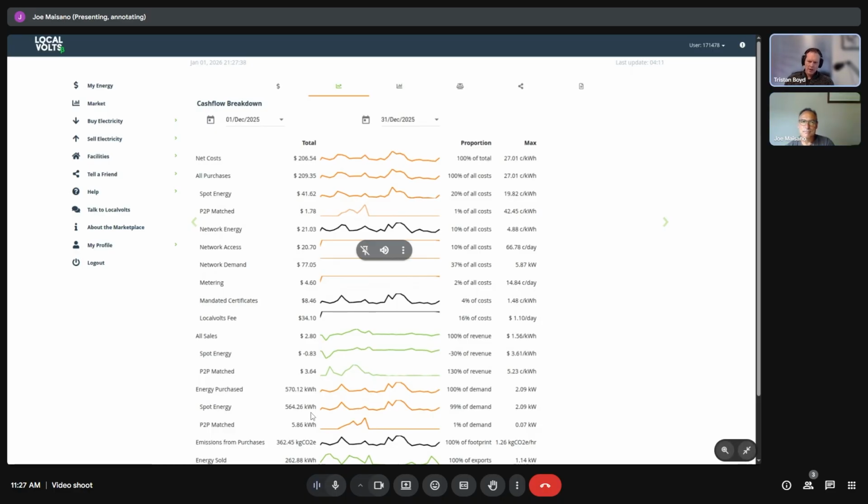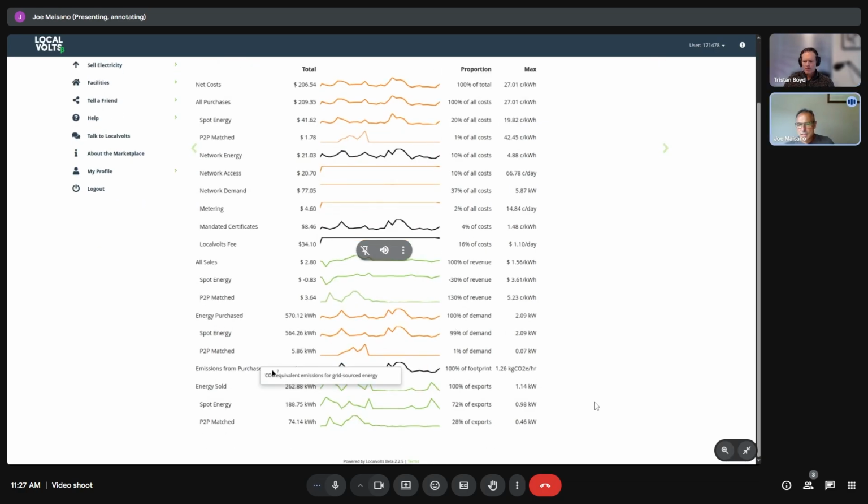Do you want to tell us a little bit about the emissions from purchases? Sure. So this is a measure of essentially my emissions intensity or my carbon footprint across the month. So based on the amount I've pulled in from the grid and based on the generation mix in the grid, the total CO2 equivalent is 362 kilograms for the month.